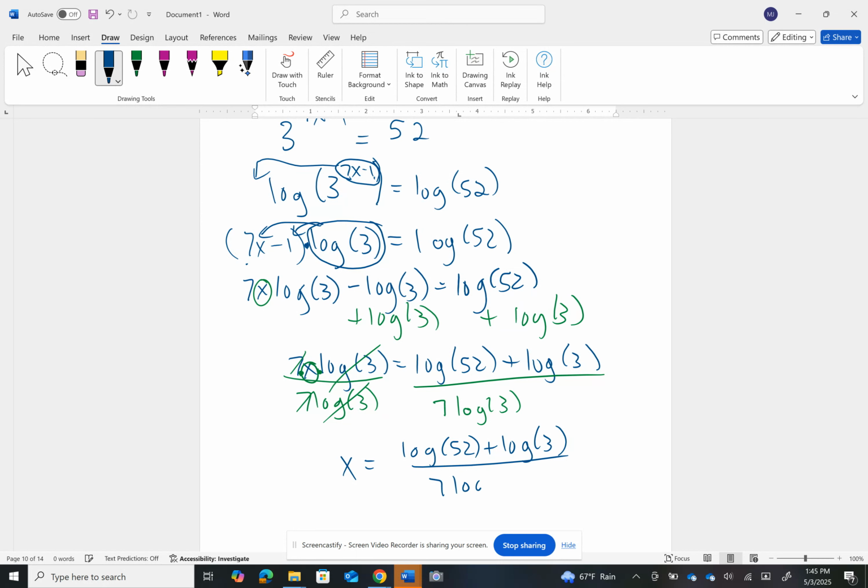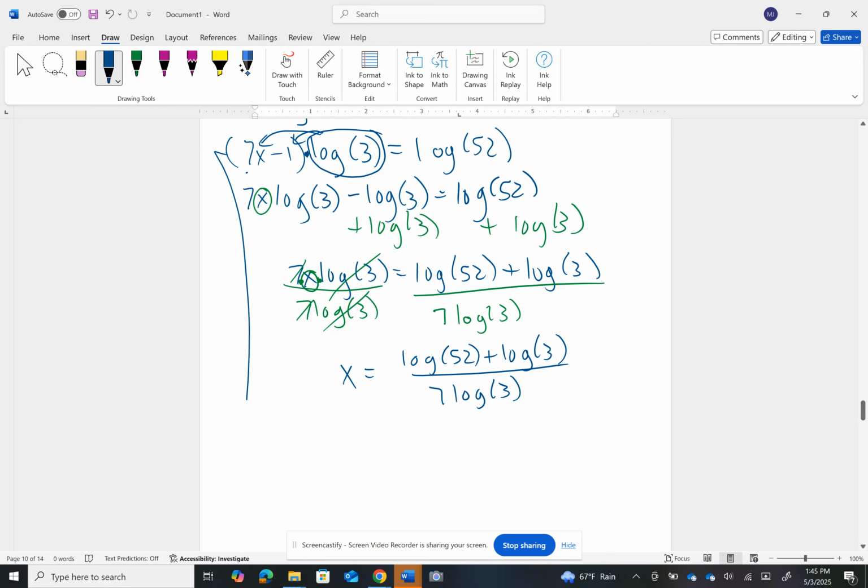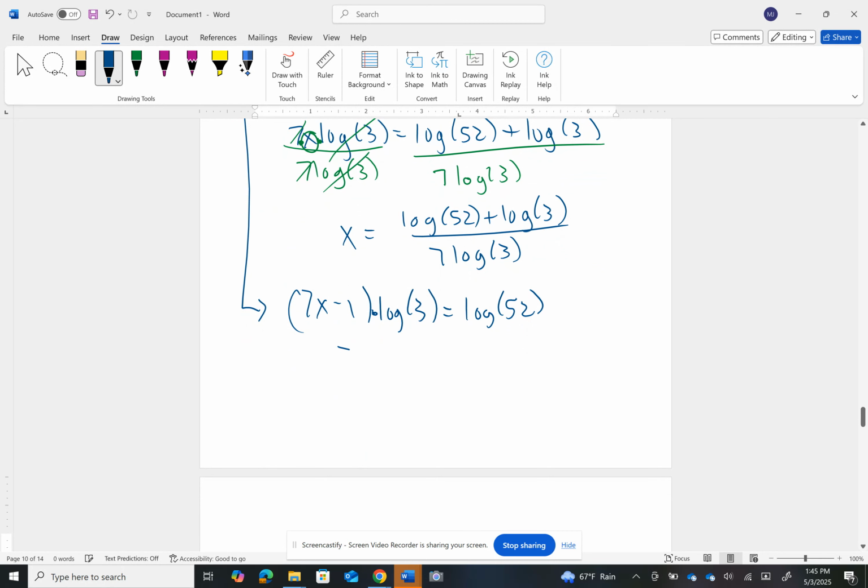Now, one issue that can sometimes happen, especially on a multiple choice test, that would be full credit, is you might approach things slightly different. So like right from here, there's another correct thing that could be done. And so you might have gone in at this point and thought about dividing by the log of 3. Right? And then you'd have 7x minus 1 equals the log of 52 divided by the log of 3. Okay.